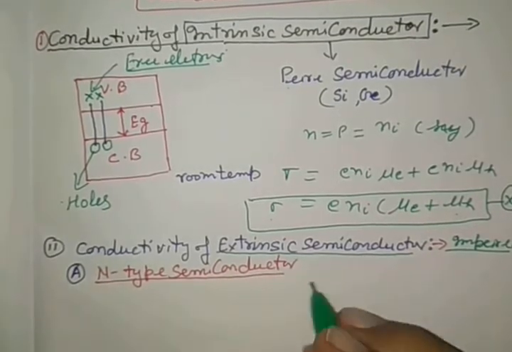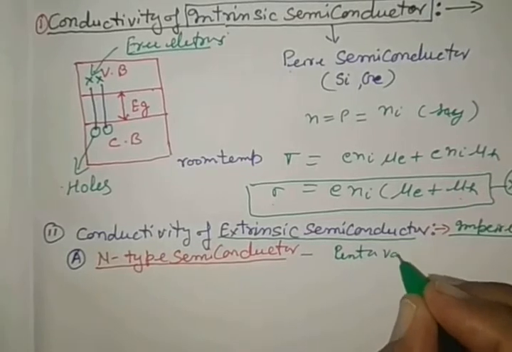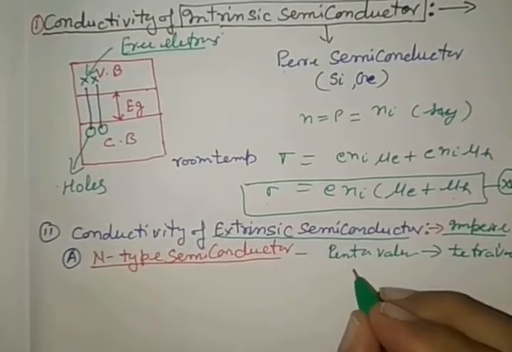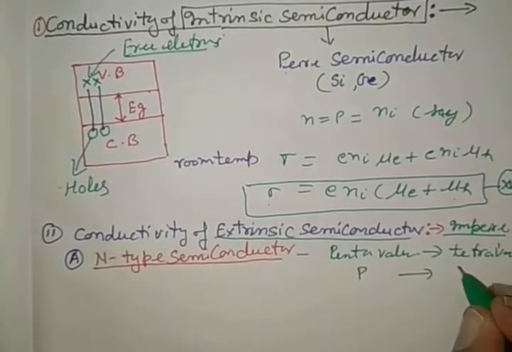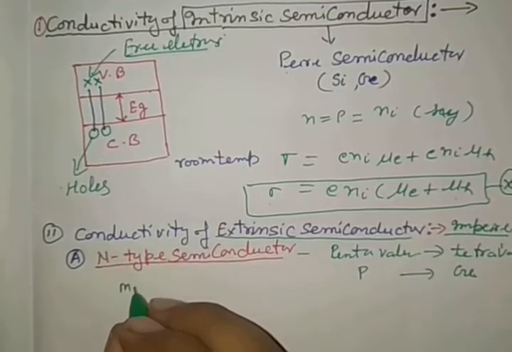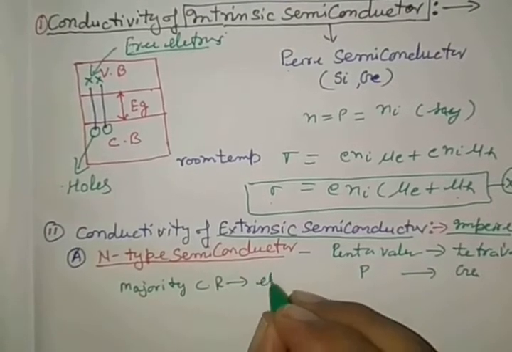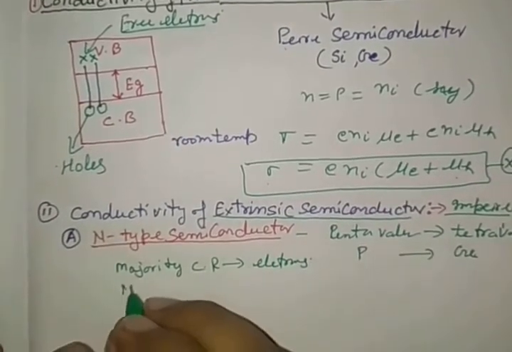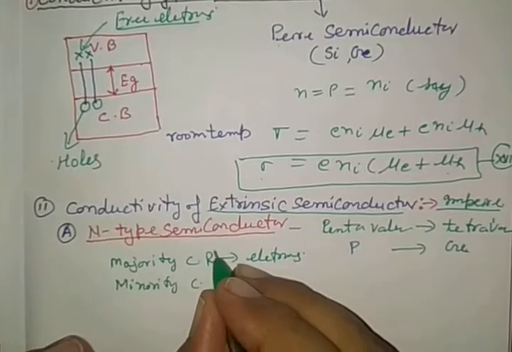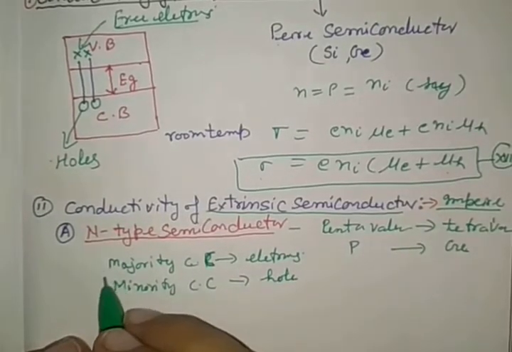A, the n-type semiconductor, in which a pentavalent atom such as phosphorus is doped into tetravalent germanium. The majority charge carriers are electrons and the minority charge carriers are holes. So in n-type, mostly electrons are there.